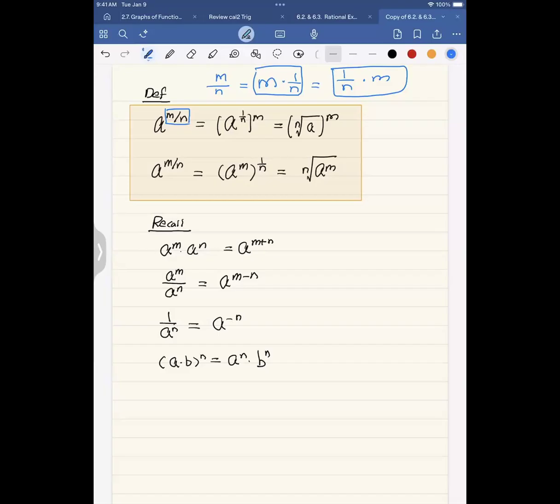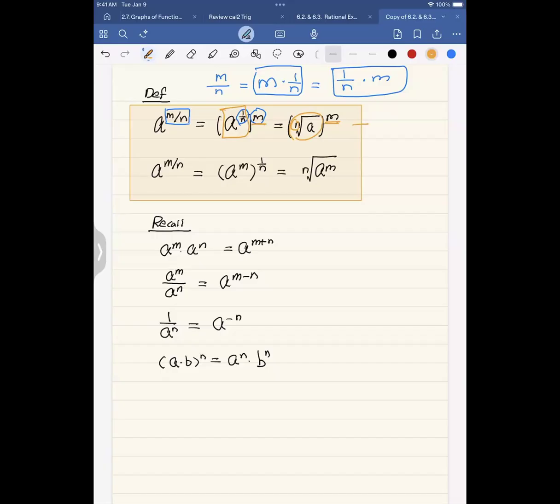So in this case, we write it as a to the 1 over n power, to the m power. And we know that a to the 1 over n power can be rewritten as the nth root of a. We have to write this small n here. And we keep the m power as it is.